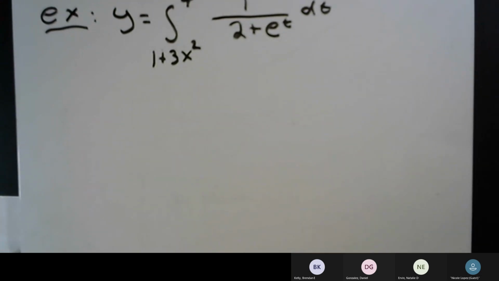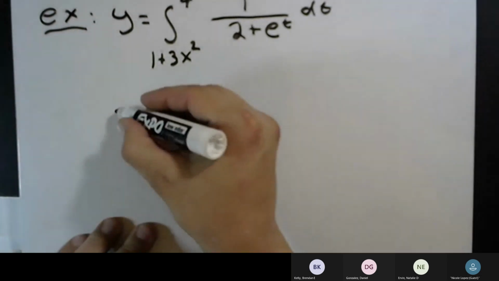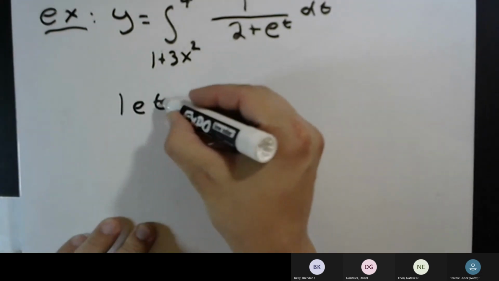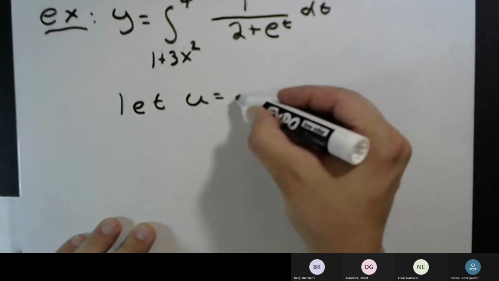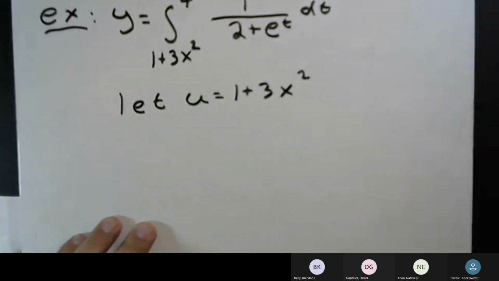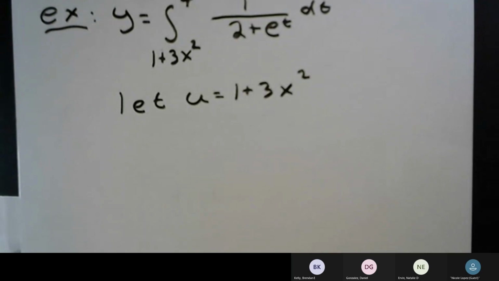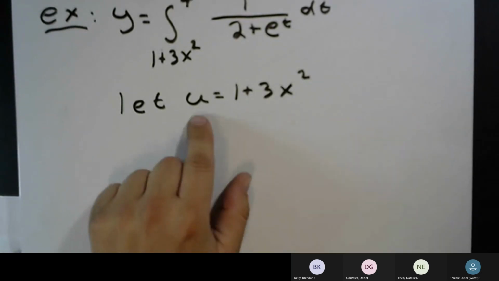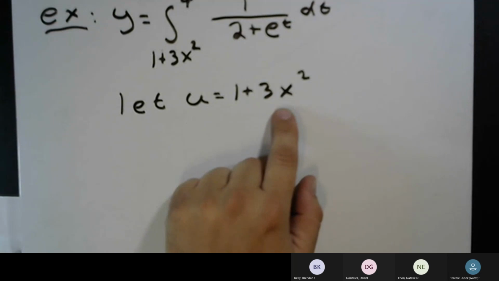Well, what we can do, we've looked at this. We can let u equal 1 plus 3x squared. So u is actually acting like a variable. We won't know u until we know x.